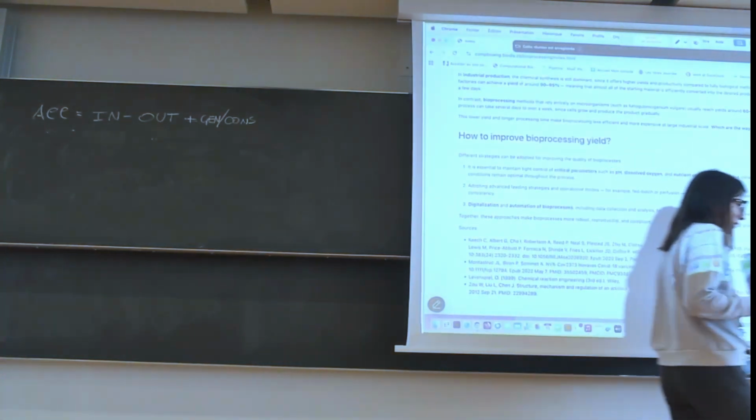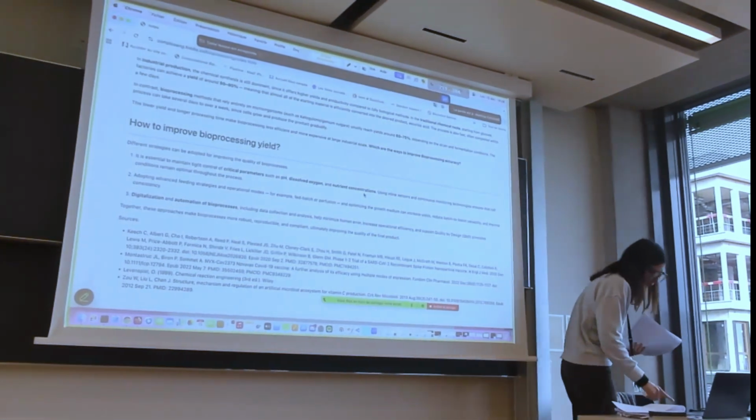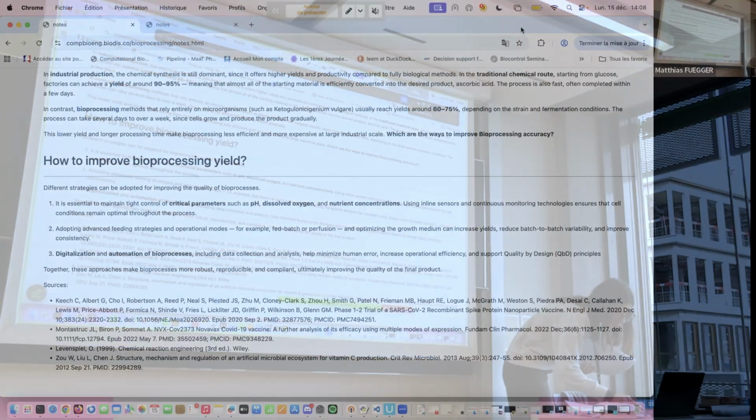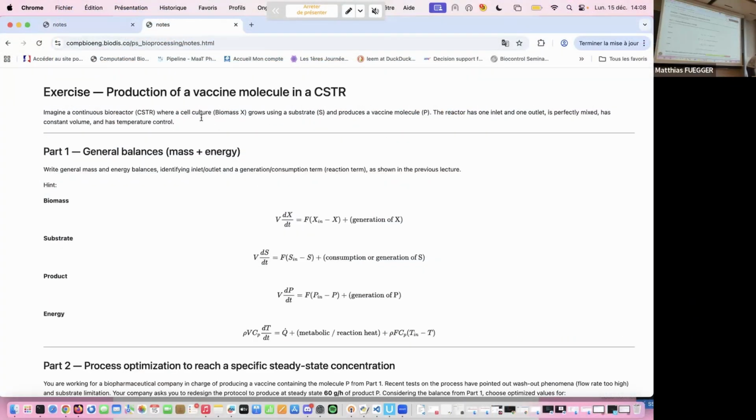About the problem session. What we will do is optimize the protocol for the production of a vaccine molecule in a CSTR.